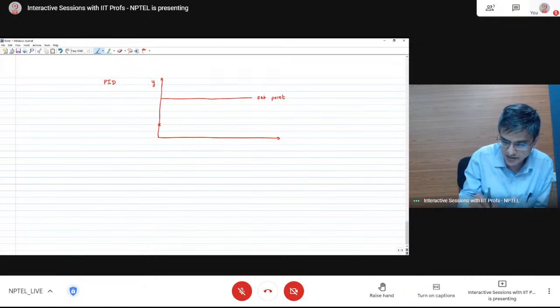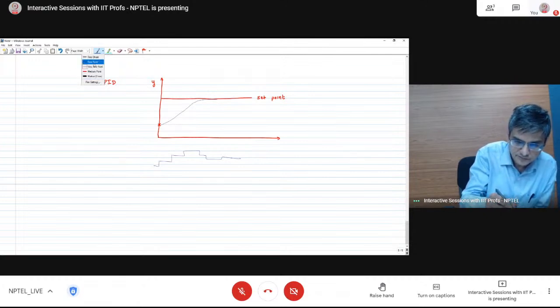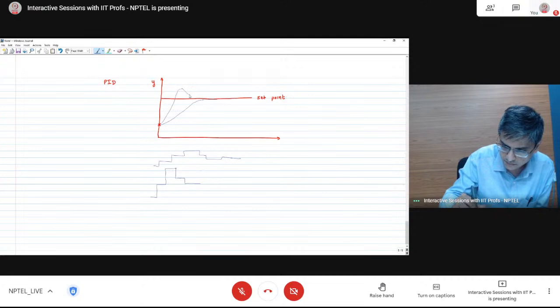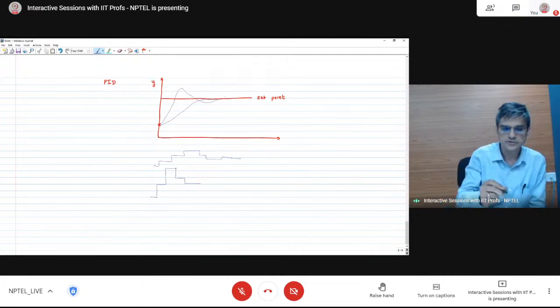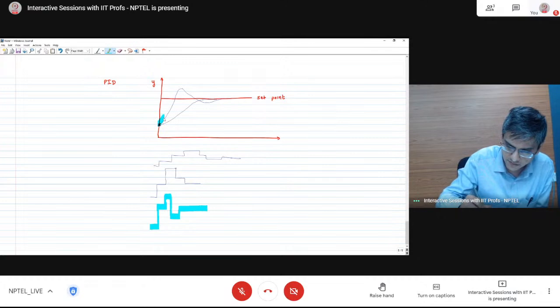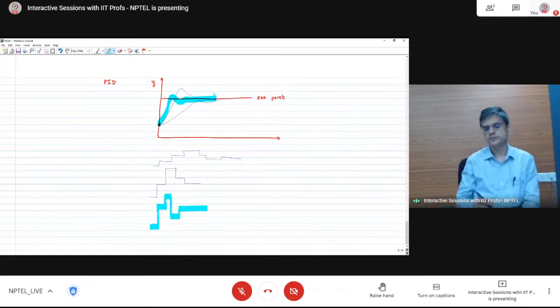It says that if I make control actions like this, this is going to be my trajectory. If I make control actions like this, this is going to be my trajectory. If I make control actions like this, this is going to be my trajectory.